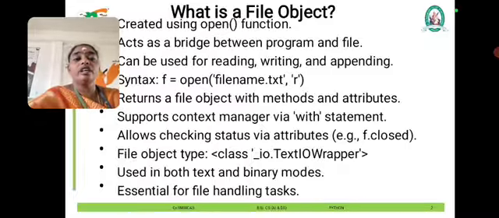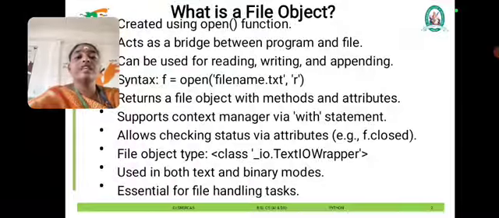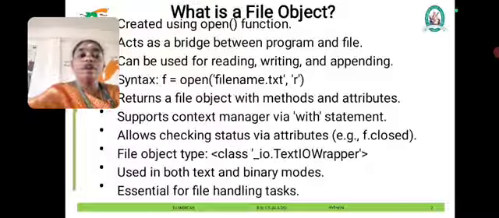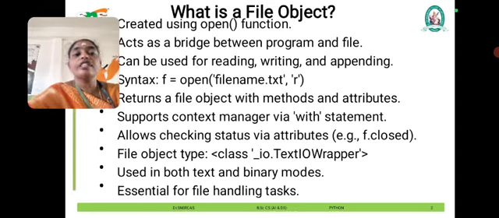The file object type is _io.TextIOWrapper, which is a type of object. It is possible to identify the types using both the text and binary modes. The file object uses both text and binary modes. These are all file handling tasks.